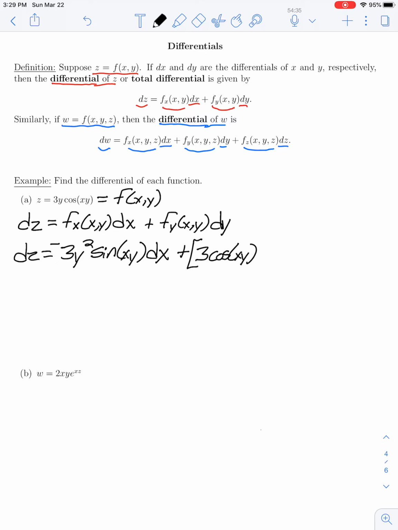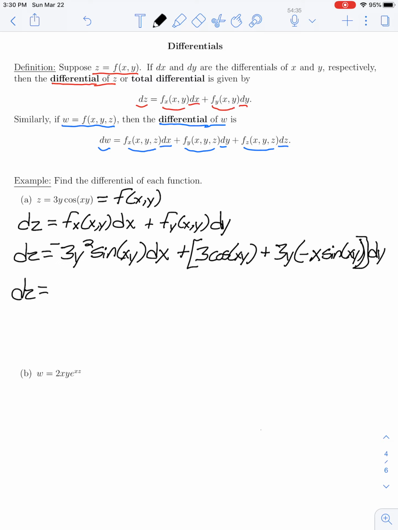And then we add our first factor, 3y, times the derivative of cosine of xy with respect to y. Making use of the chain rule, we have a negative x times sine of xy. And then we are multiplying this partial derivative by the differential of y, or dy.